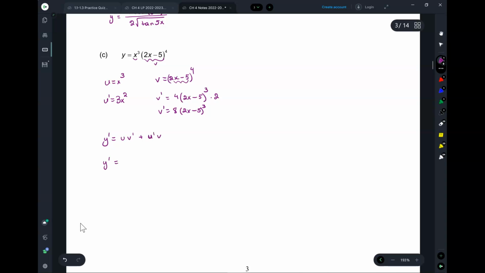Y prime is, right, so this way, x cubed times 8 times this, that's like 8x cubed, 2x minus 5 cubed. Plus, this way, I got 3x squared, 2x minus 5 to the 4.